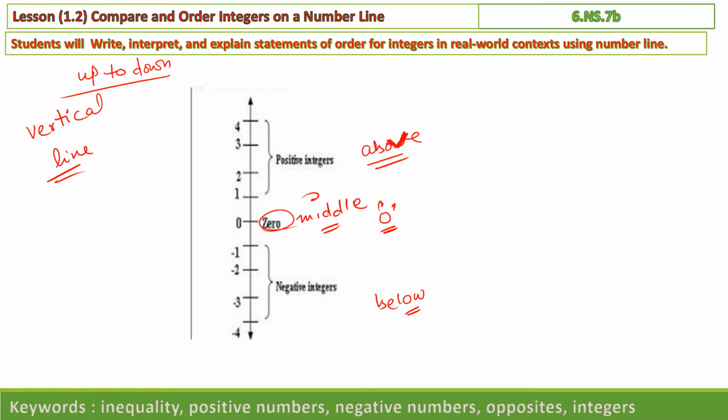So what is meant by 2? It is the distance of 2 units from the 0 above the 0, and negative 2 expresses the distance 2 units below the 0. So use the words above and below to express the distance on a vertical line.